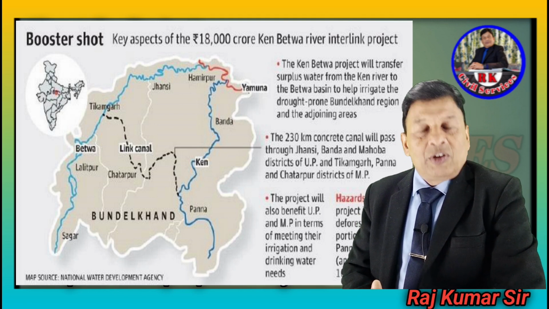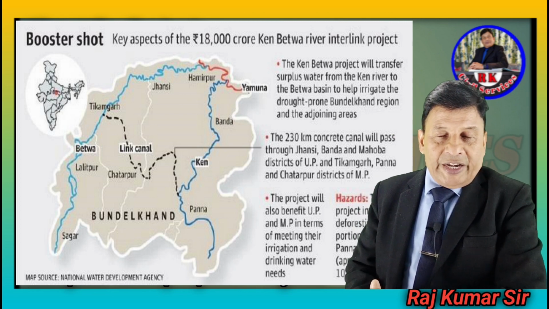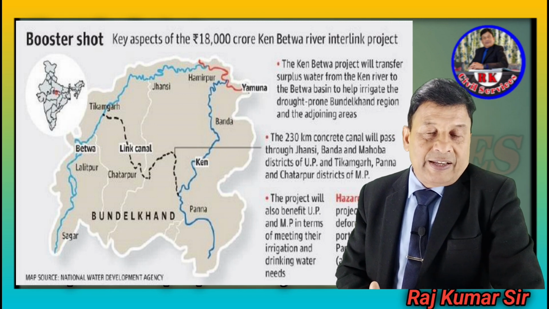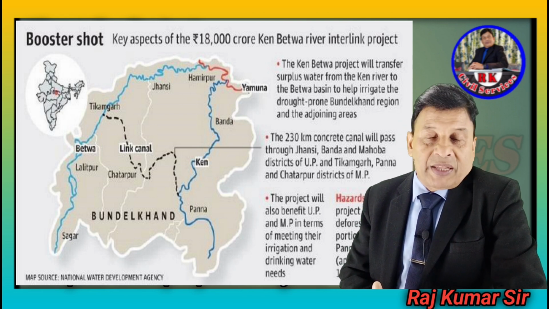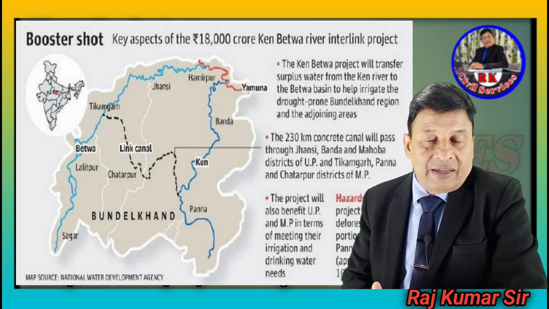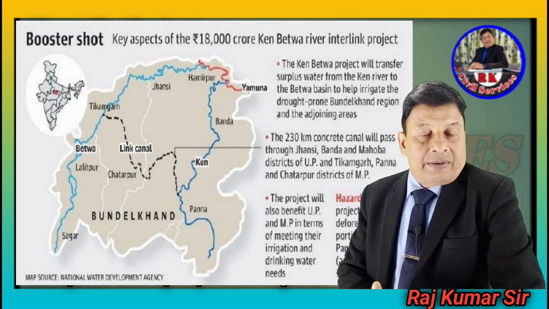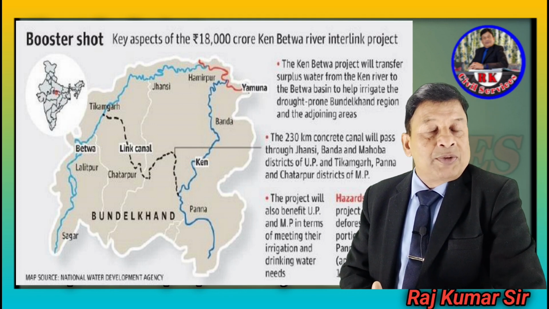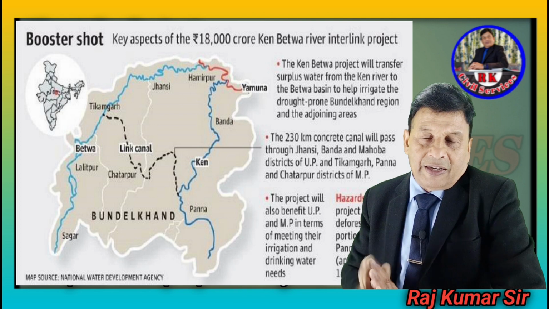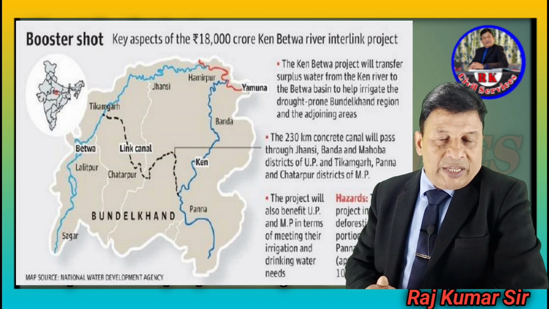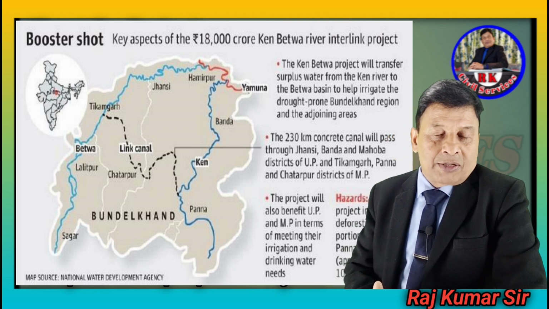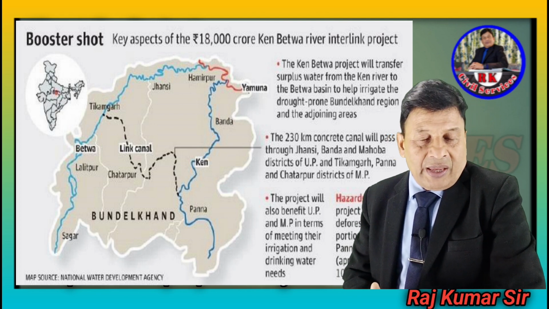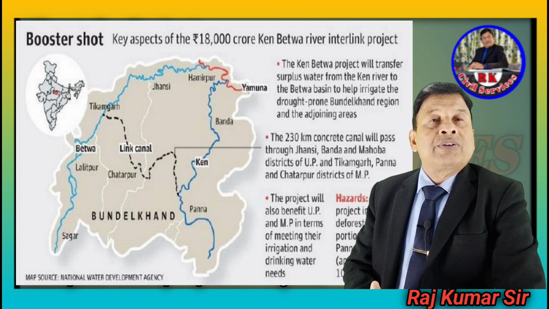The 230-kilometer concrete canal will pass through Jhansi, Banda, Mahoba districts of Uttar Pradesh and Tikamgarh, Panna and Chhatarpur districts of Madhya Pradesh, isn't it? The project will also benefit Uttar Pradesh and Madhya Pradesh in terms of meeting their irrigation and drinking water needs, isn't it?